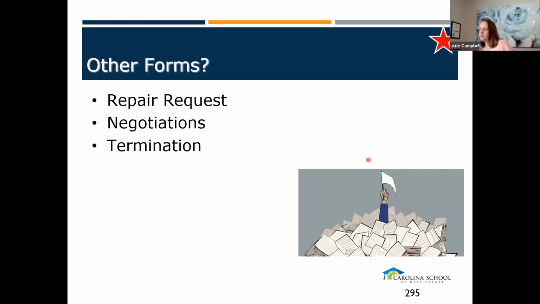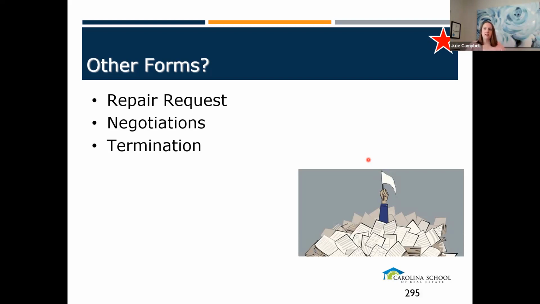So as I've mentioned, and I'm not kidding when I say this, real estate is the industry of forms. I don't know, we have hundreds of forms. Some are more commonly used than others. Every situation is different, you guys. Every single transaction is different. You get more into forms, you spend more time with forms in post-licensing.